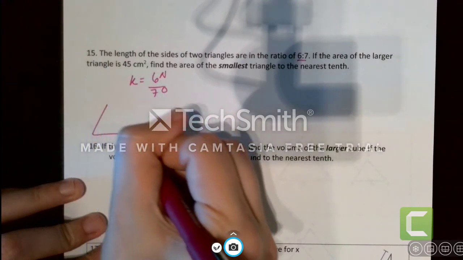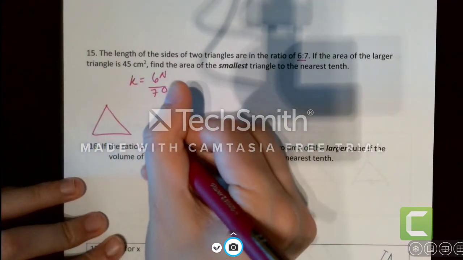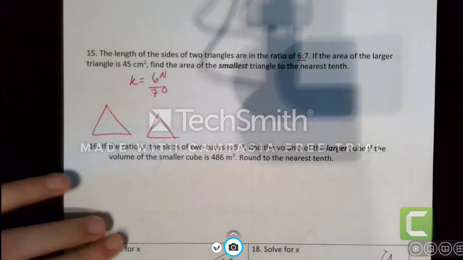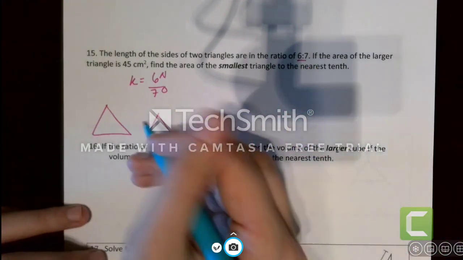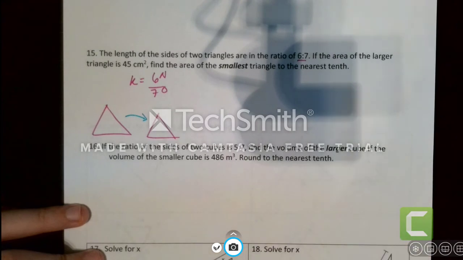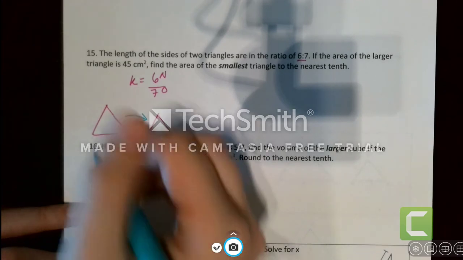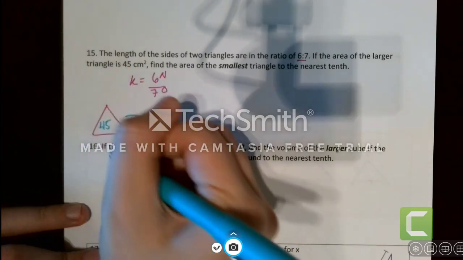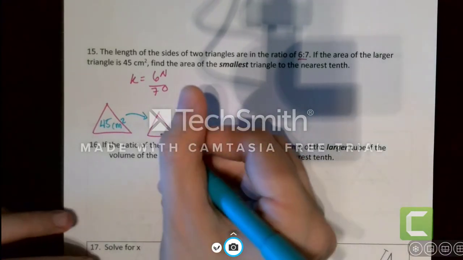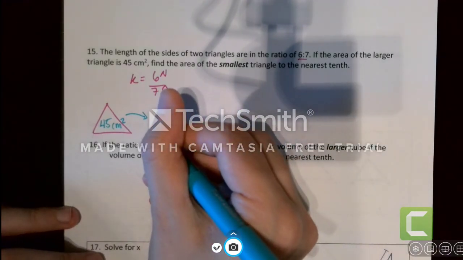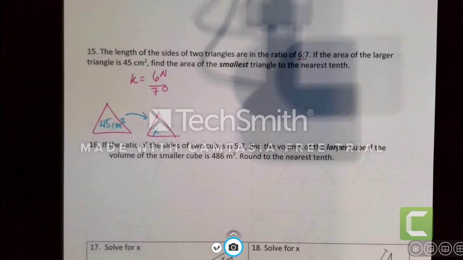We have a big triangle here, and we have a small triangle with its scale factor of 6 over 7. Now, the area of the larger triangle is 45 centimeters squared, and we need to find the area of the smallest triangle to the nearest tenth.